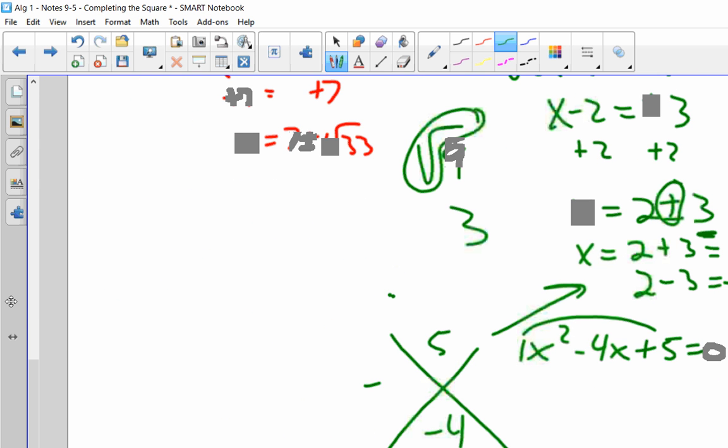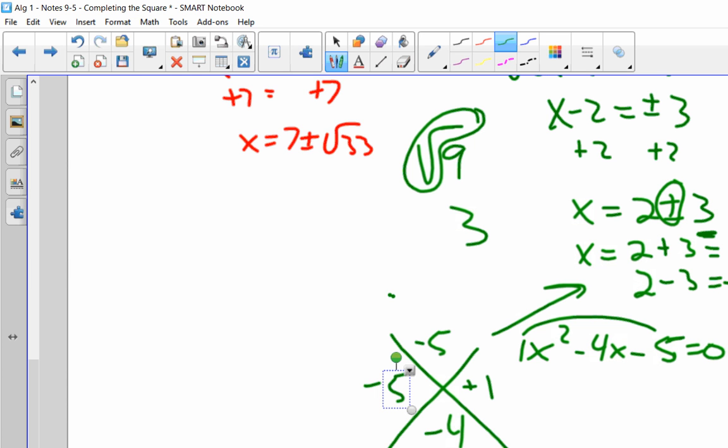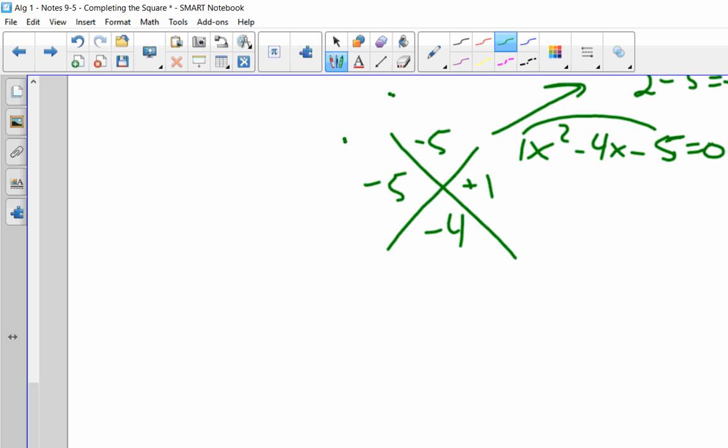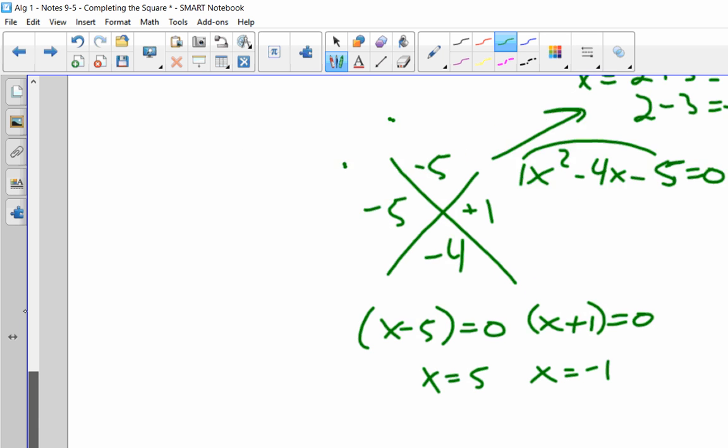Hold on. So these are going to be different. I could have got this as my 2 factors. So if I write my factors out to solve it, I'm going to get this, and this. And if I solve it, I get this, and I get this. So those were the 2 answers I got up here.